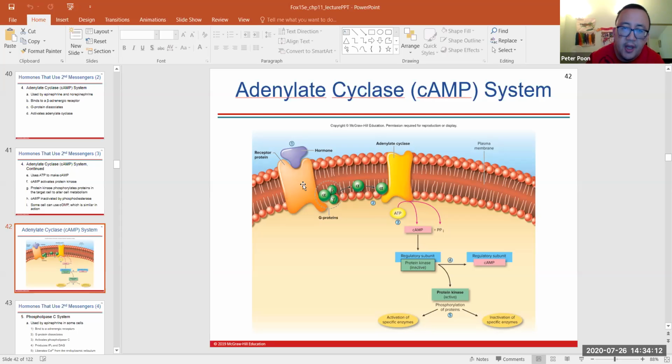That triggers a G protein to become activated. That G protein activates something called adenylate cyclase, that makes cyclic AMP. Cyclic AMP is your second messenger and turns a whole bunch of other stuff on.